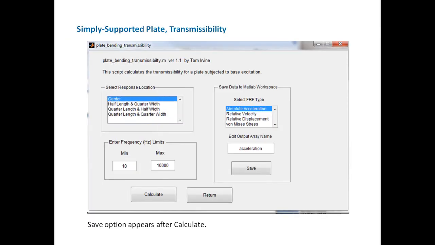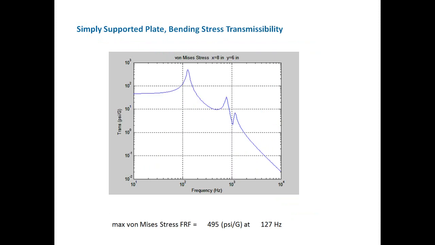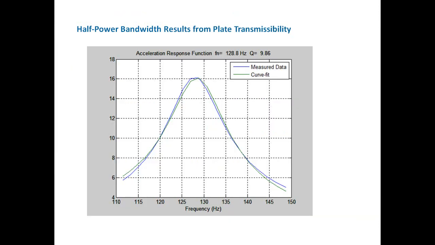We looked at the bending transmissibility, the acceleration frequency response function at the center, and the von Mises stress. We also did the half-power bandwidth method to verify that the fundamental mode had a Q value of 10. And here's the PowerPoint slide, similar to what we just did for the demonstration.